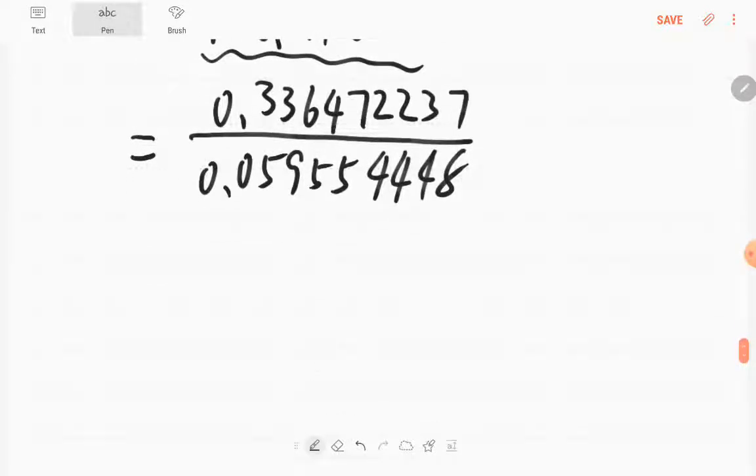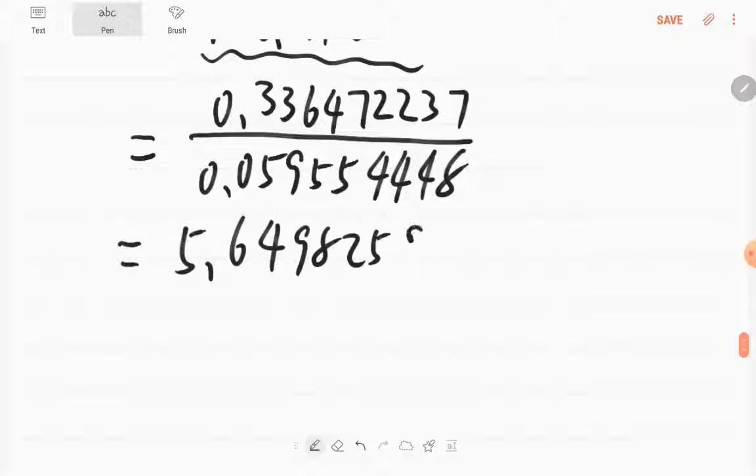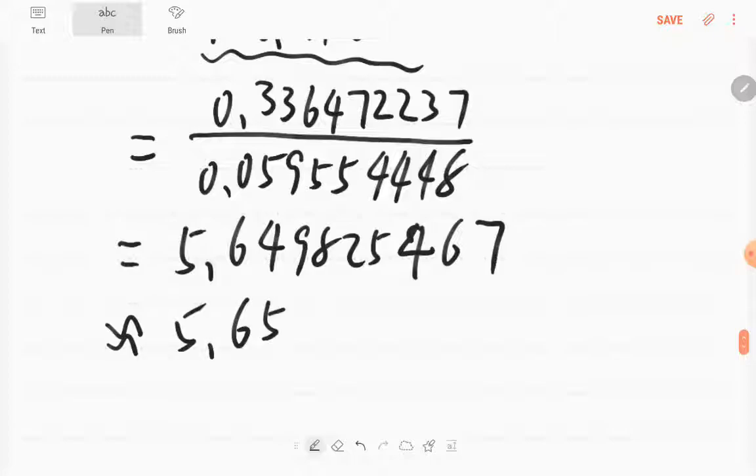If you do the division, you will have 5.64982547. If you round it to 2 decimals, that would be 5.65 years.